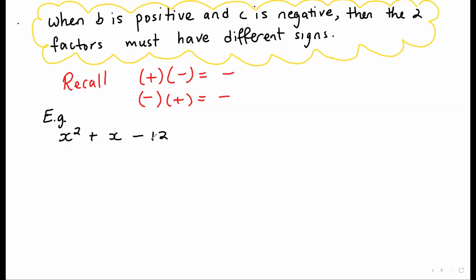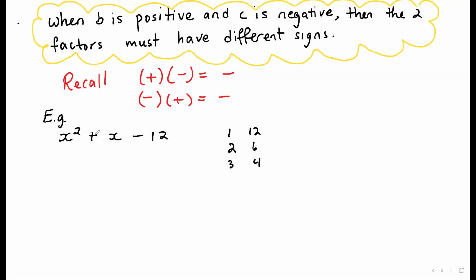The factors of 12 would be 1 and 12, 2 and 6, or 3 and 4. So the only factors here that you could get 1 from would be 3 and 4, because 4 take away 3 is positive 1.